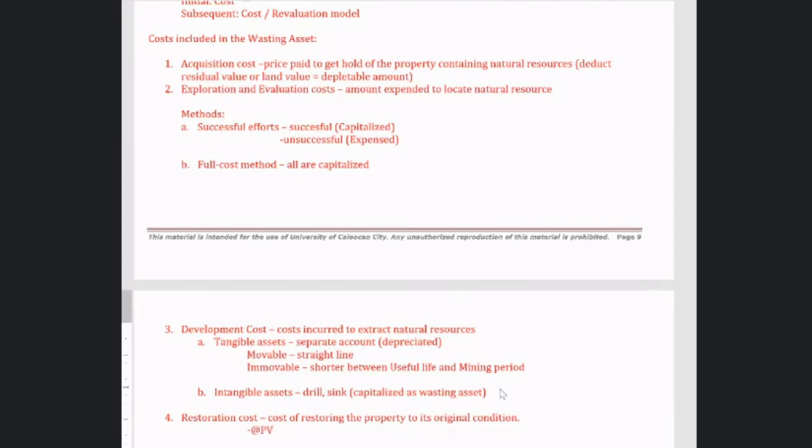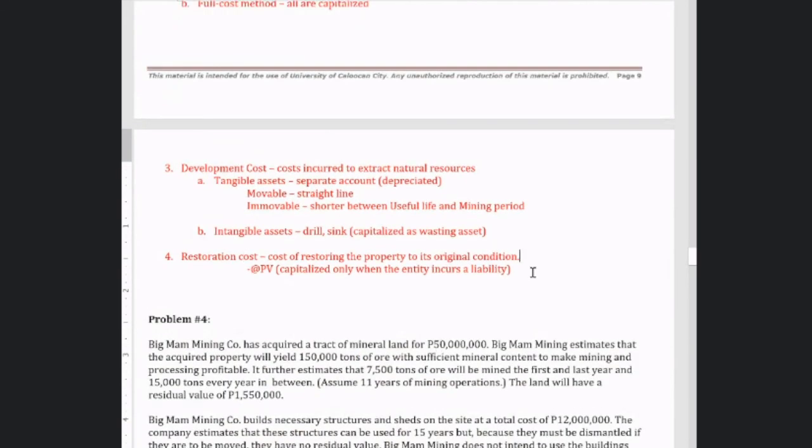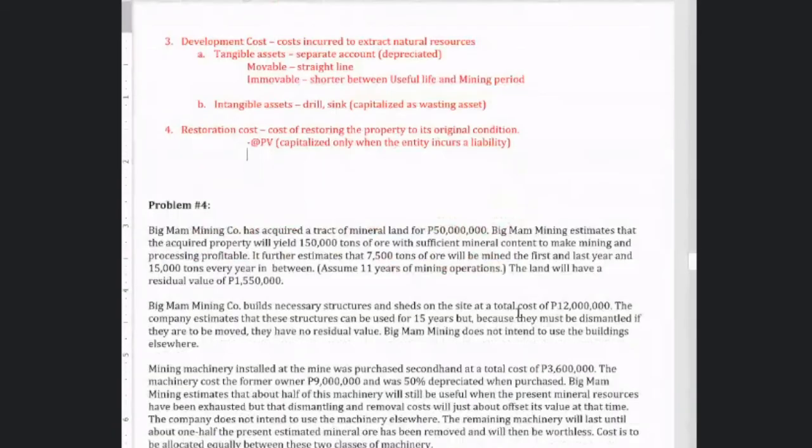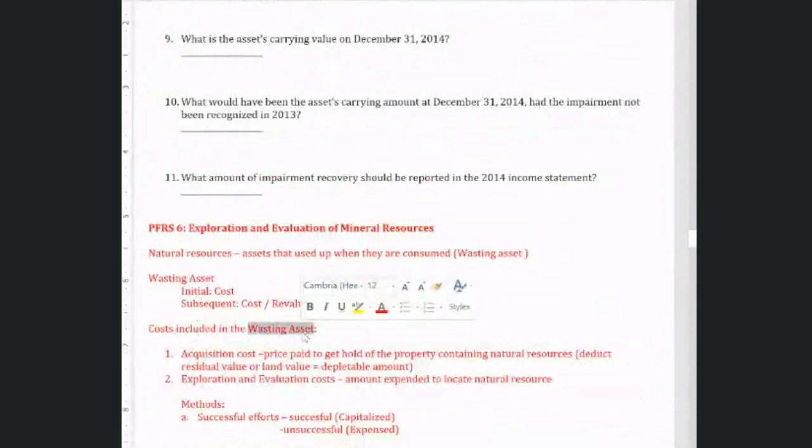So, ang condition is capitalize only when the entity incurs a liability, ibig sabihin may provision involved. So, that's it. Acquisition costs, exploration and evaluation costs, development costs, and restoration costs. Ito yung mga hanapin mong costs sa problems to come up with the cost of wasting asset.